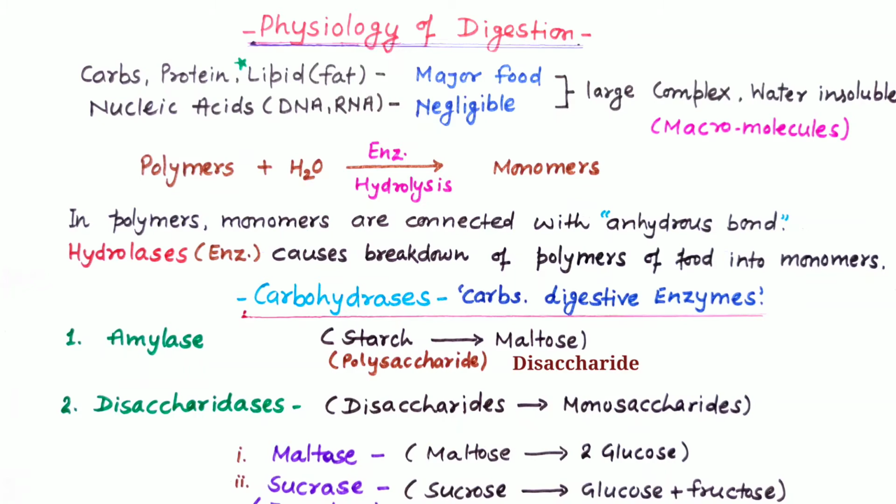There is no further hydrolysis of these monomers. First, polysaccharides: here amylase causes conversion of starch into maltose. Starch is a polysaccharide and it is converted into maltose, a disaccharide.